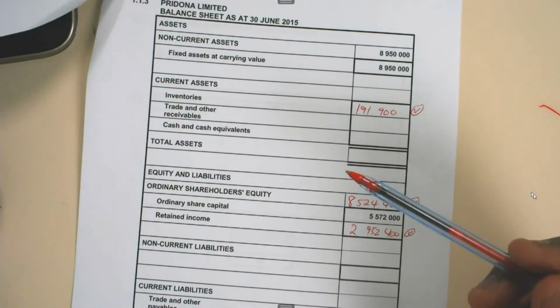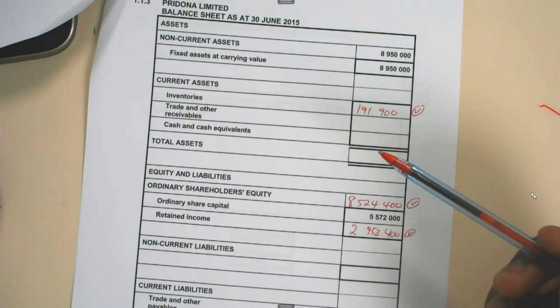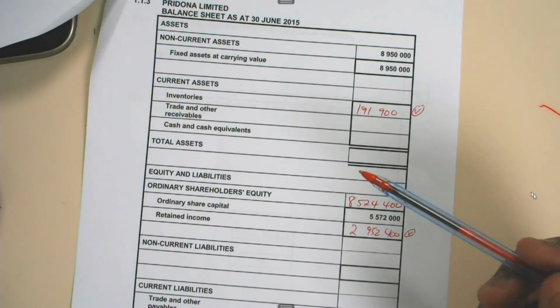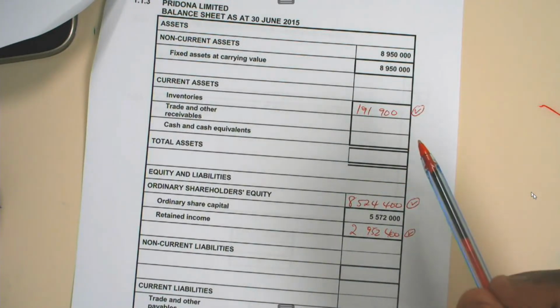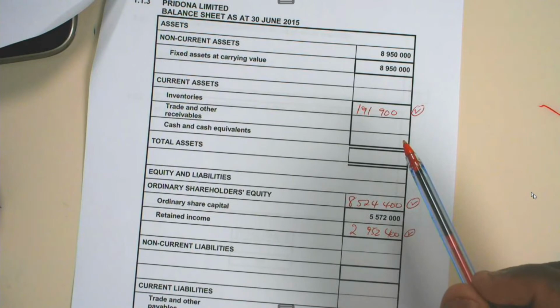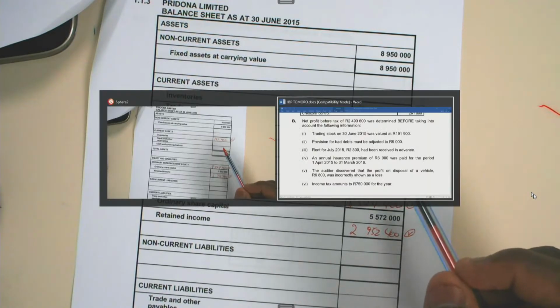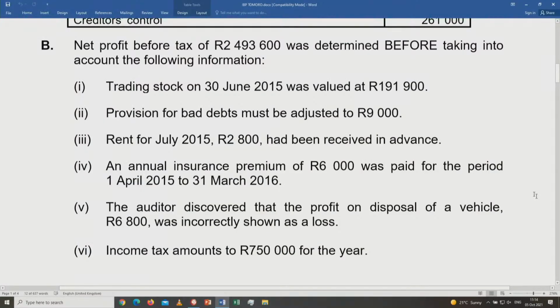But on the face of your balance sheet, you don't record the difference, but you record the actual provision for bad debts adjustment, which is 9,000. And remember this 9,000 of provision for bad debts, it decreases our debtors control.